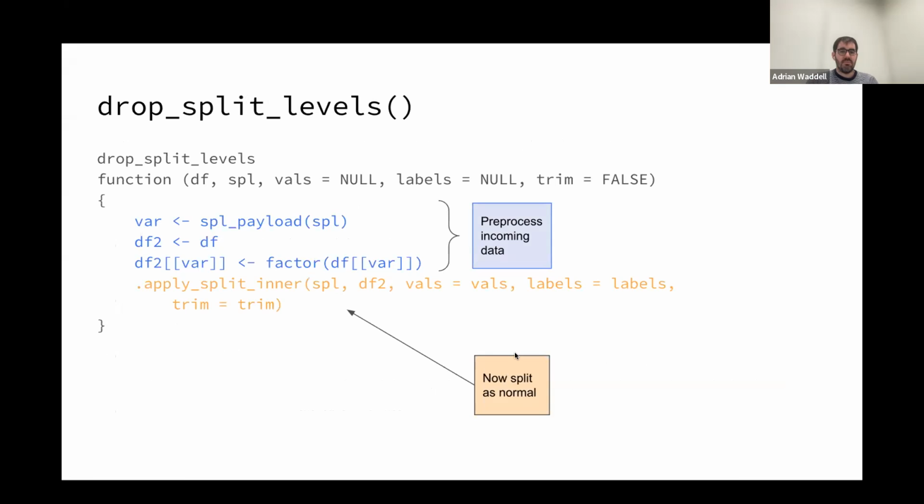Right. So this is the real code for dot split levels. This is the actual implementation. And you can see there's that pre-processing that I was just talking about. Here we're saying, okay, we're going to refactor this. And what calling factor on something that's already a factor does is it drops levels that aren't observed.